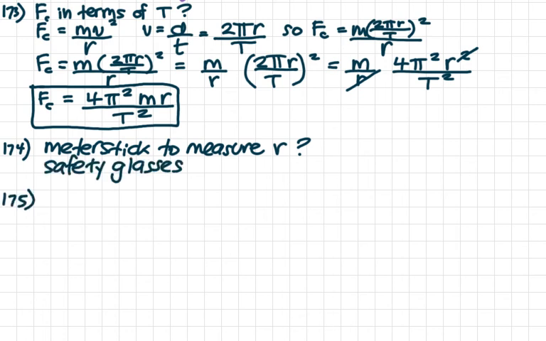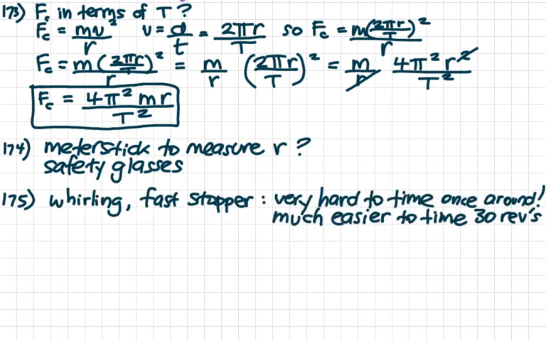175 says that the two people, Julia and Tom, decided to measure the time for 30 revolutions instead of measuring the time for 1 revolution. Why did they decide to do 30 instead of 1? It's hard to time once around.